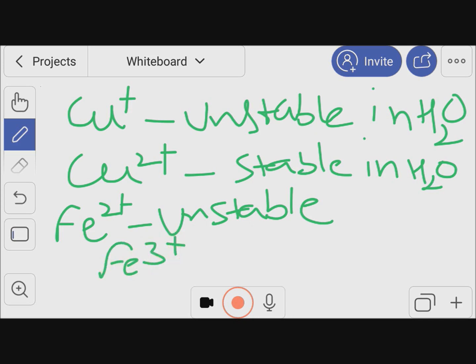For example, in the case of rust, when iron comes in contact with oxygen and aerated water or moisture, it changes from Fe2+ to Fe3+ and forms rust.